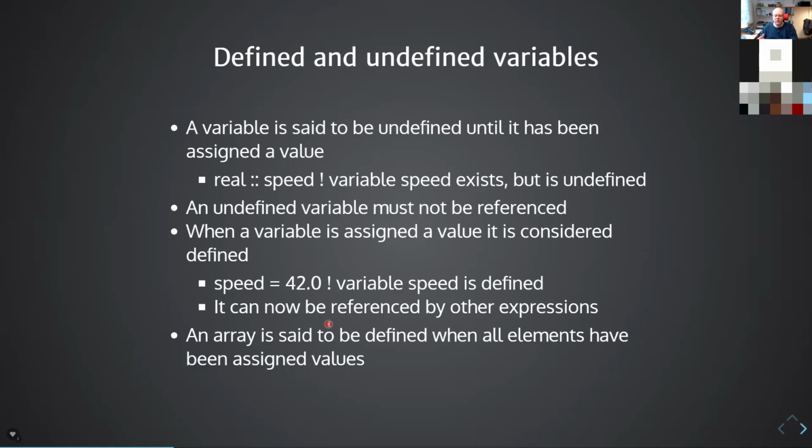If you only assign one element of an array, it's not defined, it's undefined. With arrays, it's especially important because if you allocate an array using dynamic memory allocation later on, it will point to some space in memory, and it will contain the garbage or the things that are at that location in memory, and not 0 like you perhaps would expect.